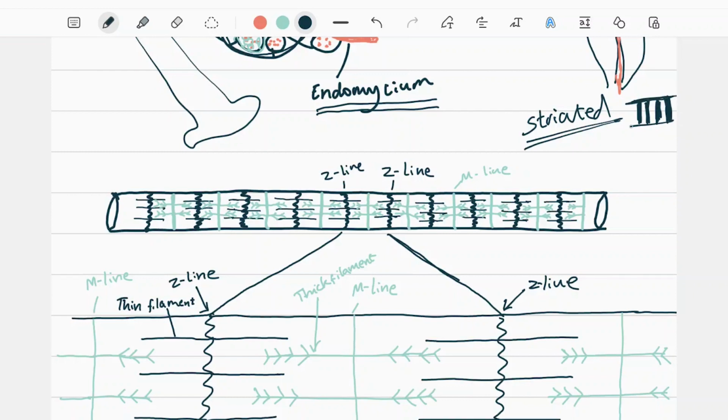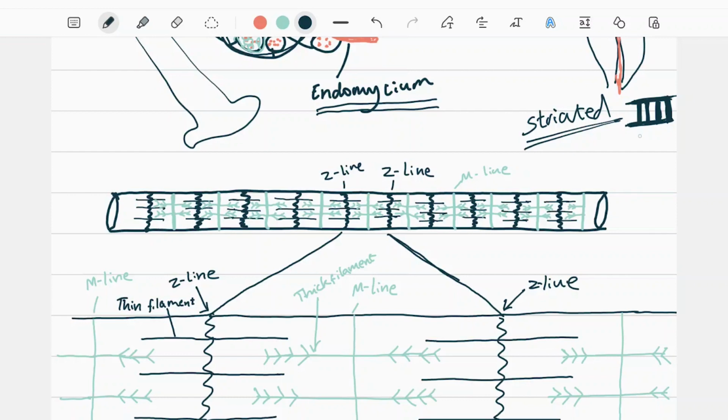So the alternating dark and light bands are because there is a level of organization of your cells that takes place. And think of a crystal lattice. It has good organization. That's what makes it a crystal. And this organization allows light to pass through it in different ways.